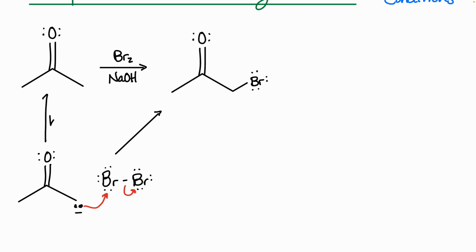Now, of course, I have to complicate things a little bit here. It's not quite that straightforward. It turns out that when you have these brominated alpha carbons under basic conditions, all of a sudden, we said that this was our tautomerization.